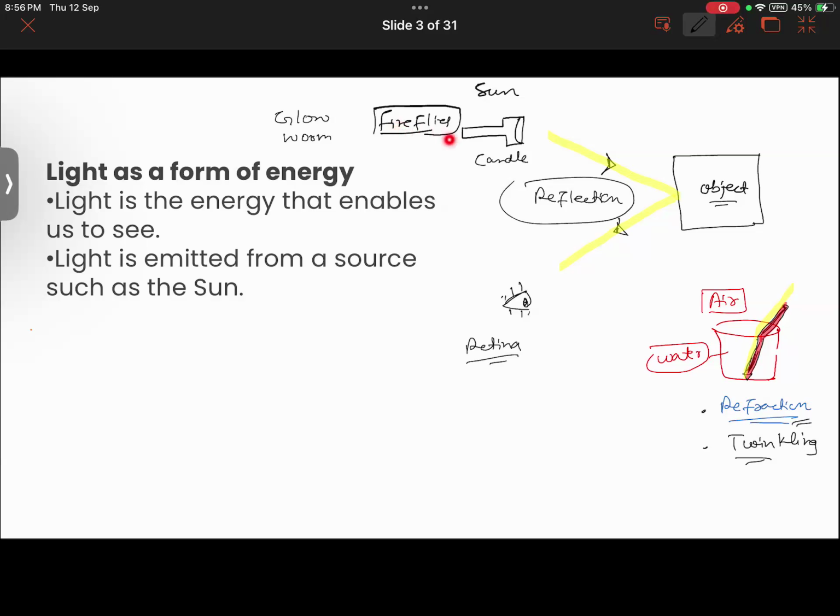You might have seen certain fishes also that glow. There also, a chemical reaction takes place in their body, and in that, light is given off. Anyways, our conclusion here is that there can be different sources of light.